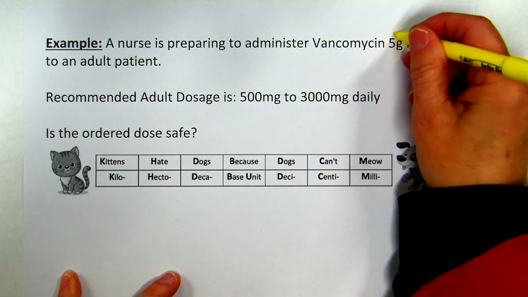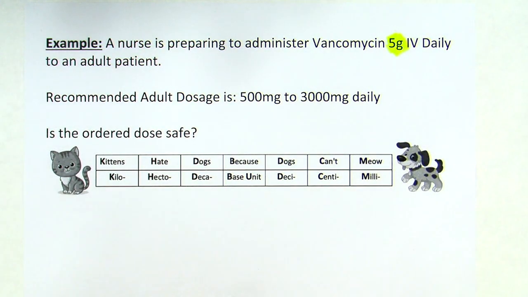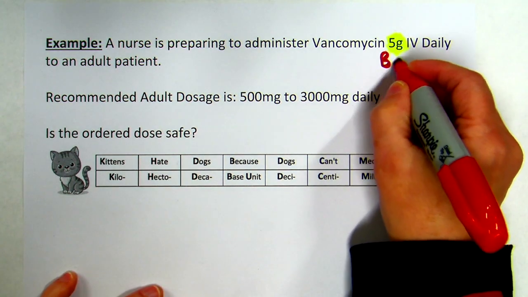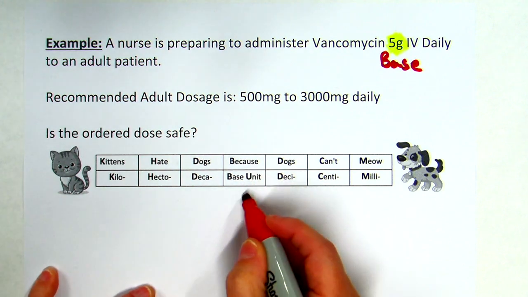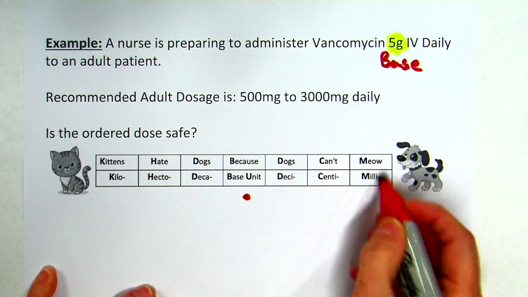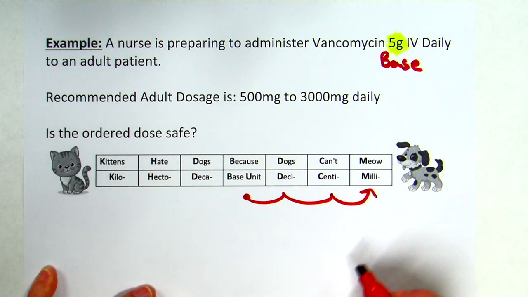So the shortest and quickest way to do this is to focus on that 5 grams and convert it to milligrams. This 5 grams is going to be the base unit. So that means I'm going to be starting at my base unit here and converting to milligrams, so the prefix milli. So that's going to be 1, 2, 3 hops to the right.